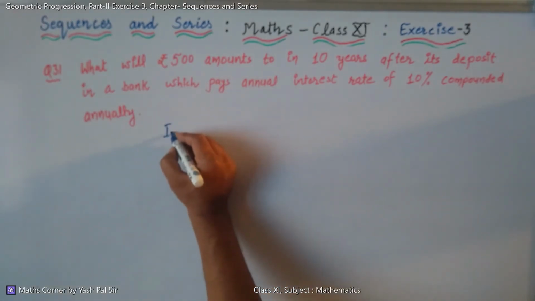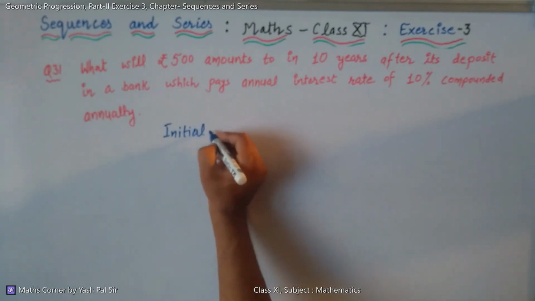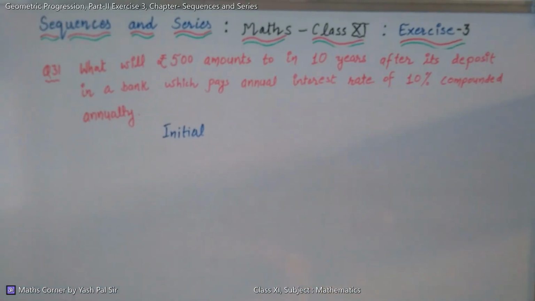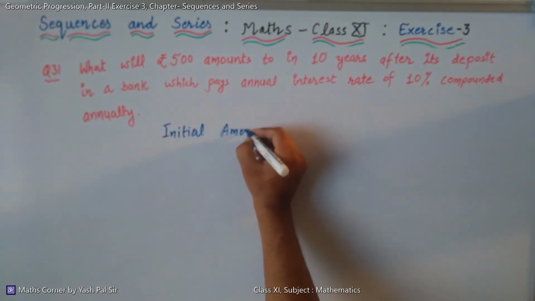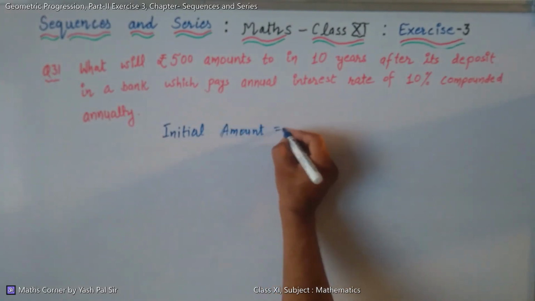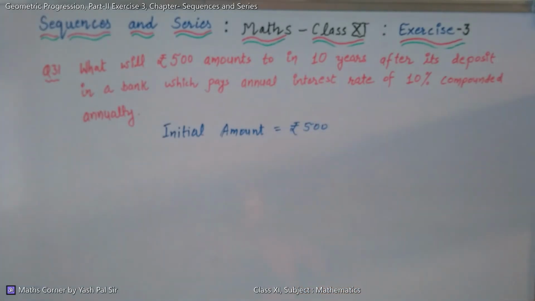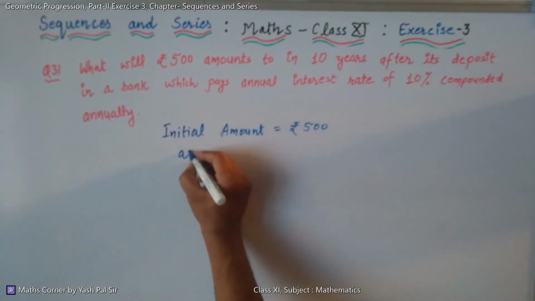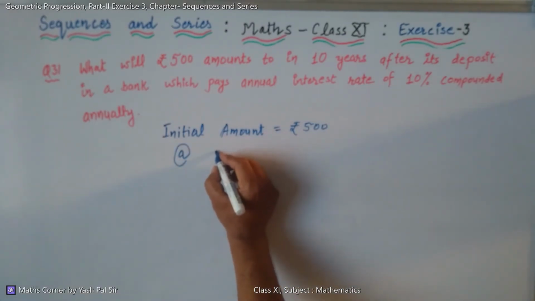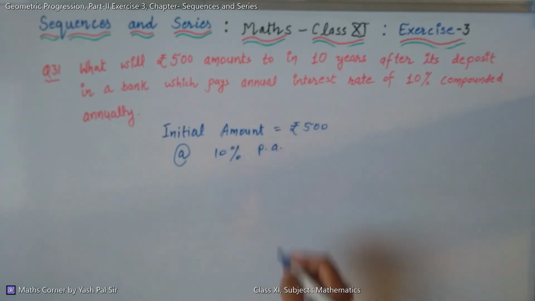So here we see initial amount is rupees 500 and rate of interest is 10% per annum.